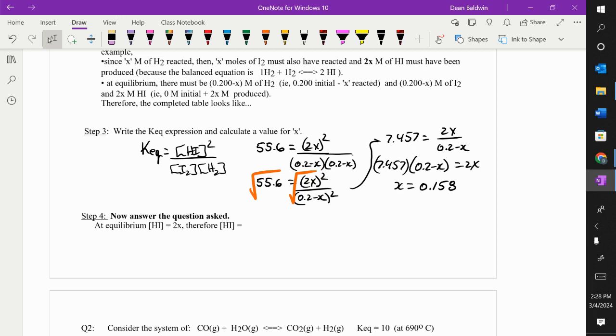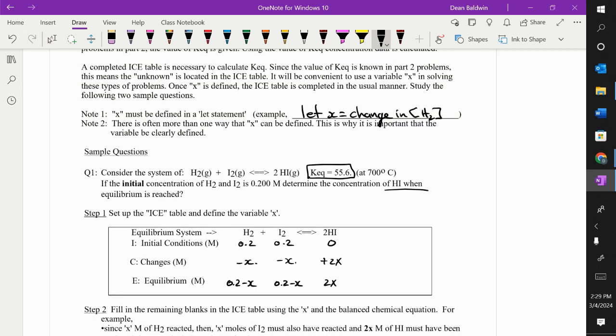Did we get it? Okay, so that's X. But what is the question asking for?